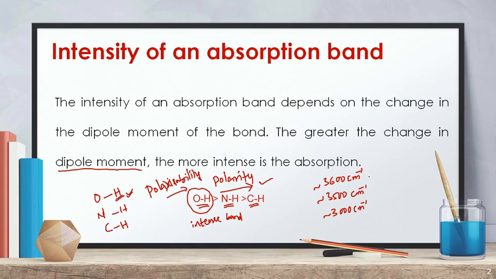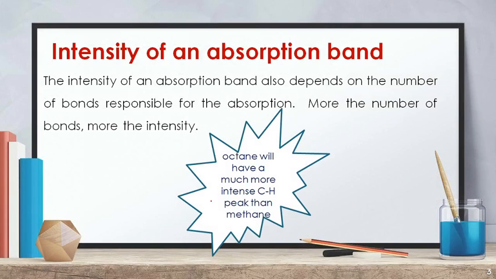So the band which is having OH will be more intense than NH, and it is more intense than CH. Now let us focus on the other point also.